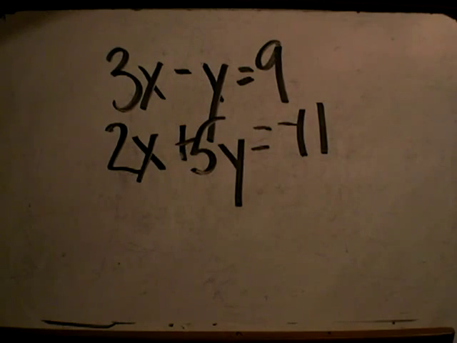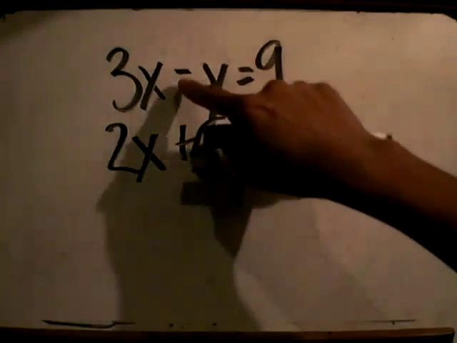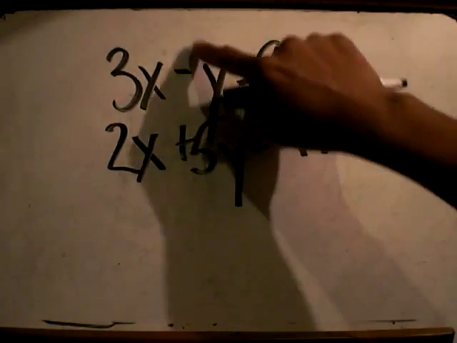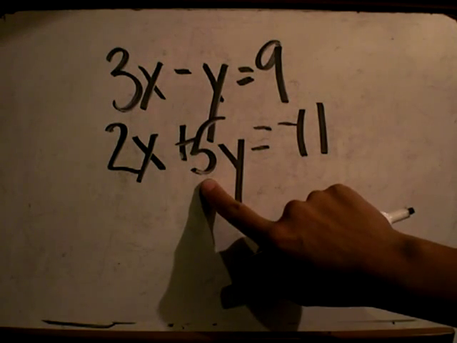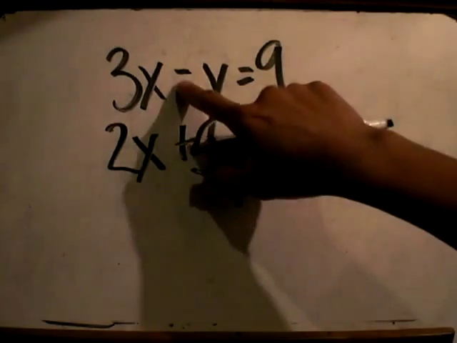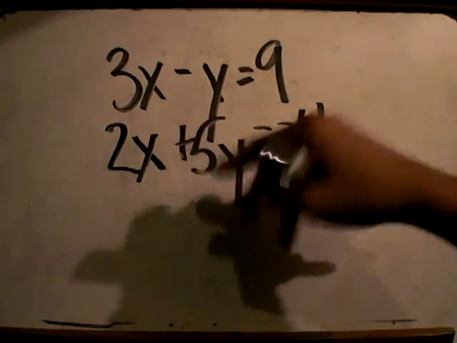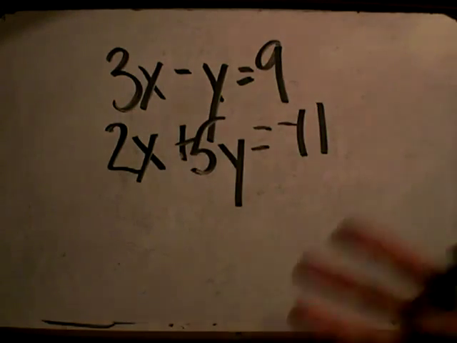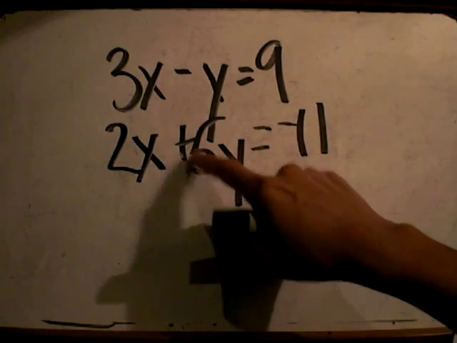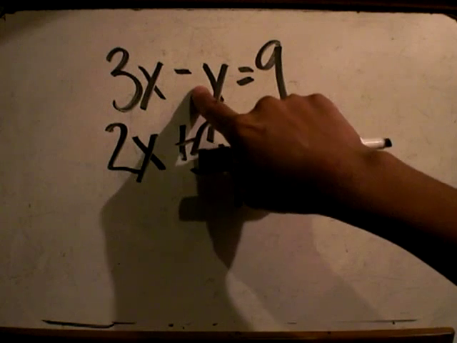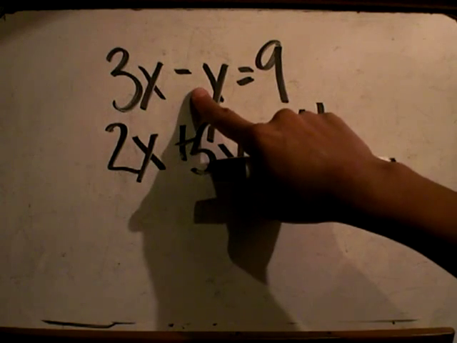So I'm going to work with this -1 and +5. Since this one's negative and this one's positive, I'm going to make them opposites of each other. Since this is a +5, I want to make this a -5.